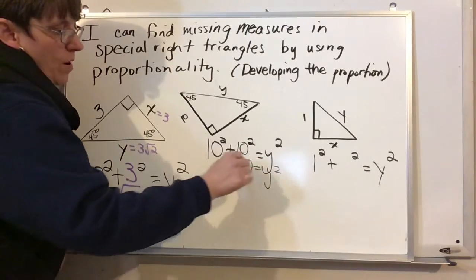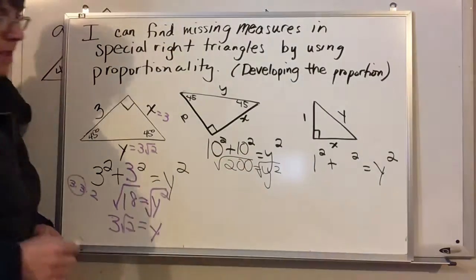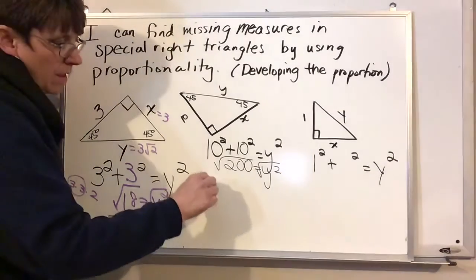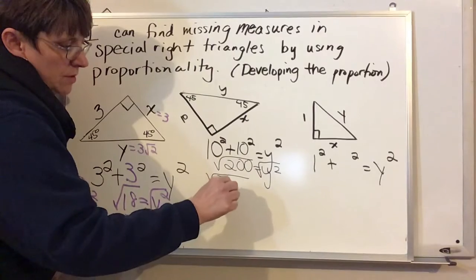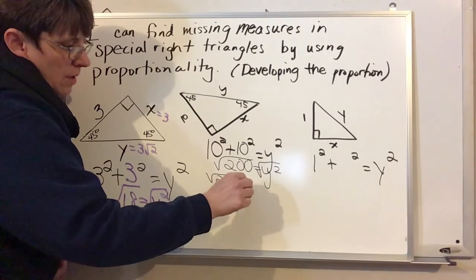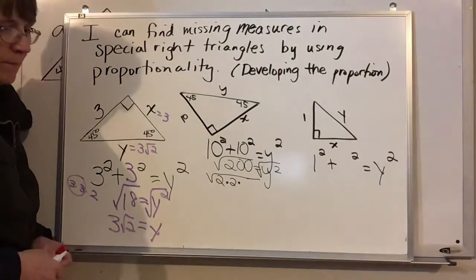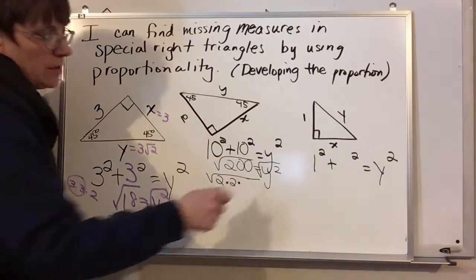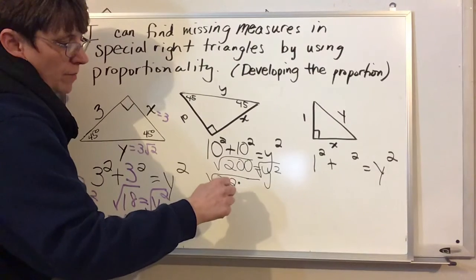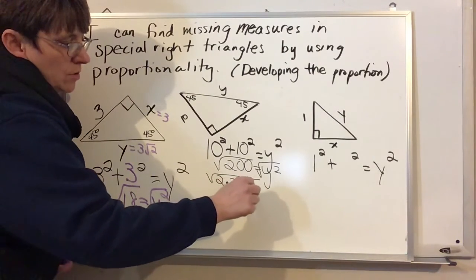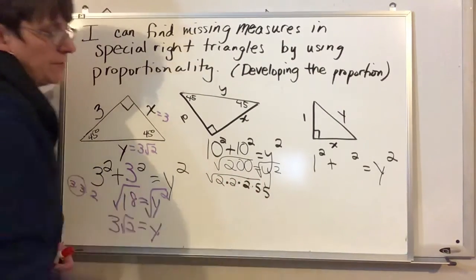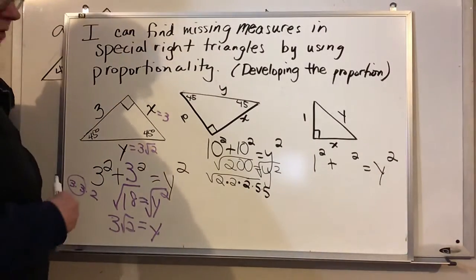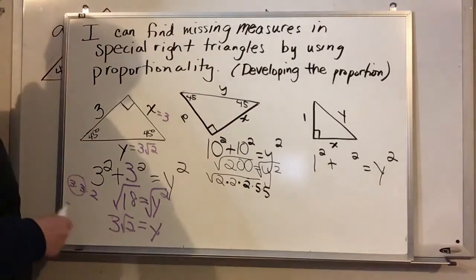I'm going to take the square root of 200. Let's see, 200's factors are going to be 2 times 2 times 2 times, let's see, 2 times 5 times 5 should be 200. 8 times 25 is 200.